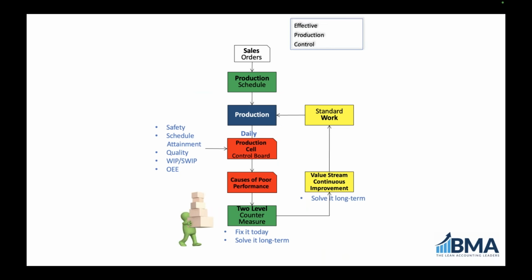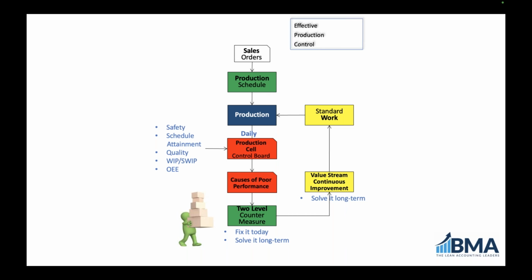Production control, daily lean management. You have your production schedule. You have your control boards. You understand causes of poor performance. You have your two-level countermeasures: how do we have a short-term countermeasure to fix it today and then solve it long-term?